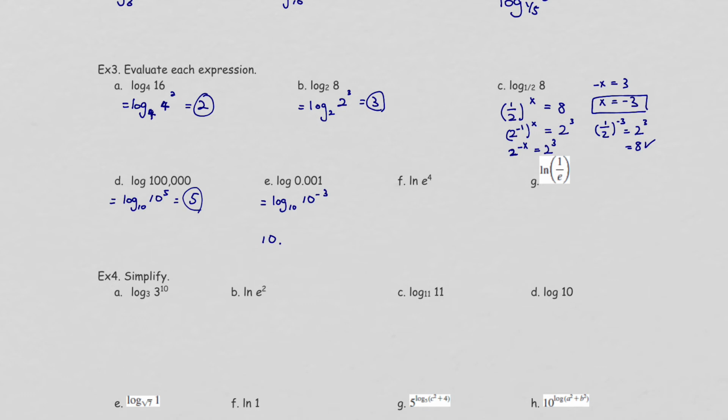If you move the decimal 3 spaces, 1, 2, 3 spaces, it will give you 0.001, right? So that's what 10 to the negative third equals. This is going to be negative 3.